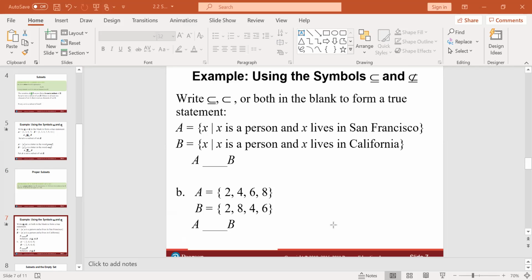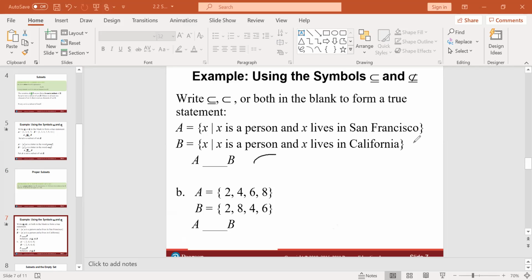So would you say that A is a subset of B, that all people living in San Francisco is a subset of all people living in California? Yeah, I would say so. If you live in San Francisco, you live in California, because you are inherently from California if you're from San Francisco.